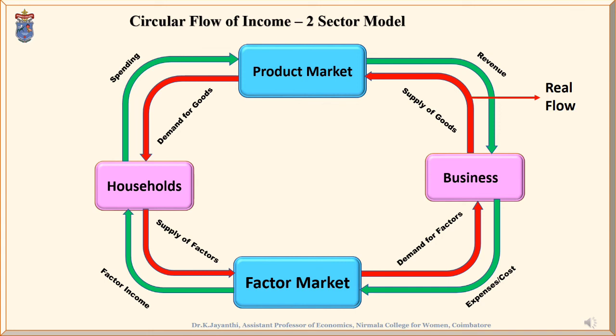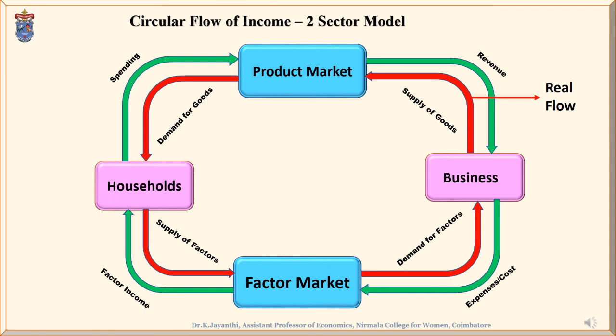In fact, the household and business sectors do not spend their entire money income. The consumers, who represent the household sector, do not spend their income fully on purchasing goods and services. Rather, they save a part of their income.